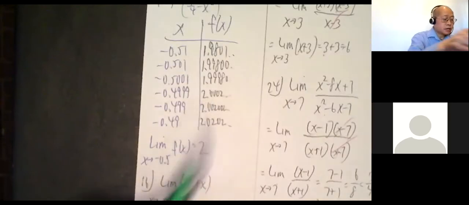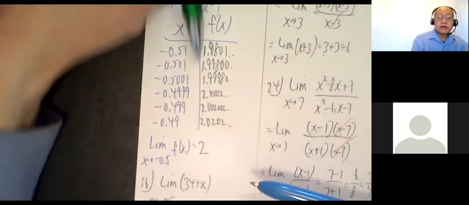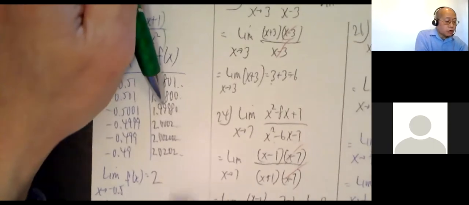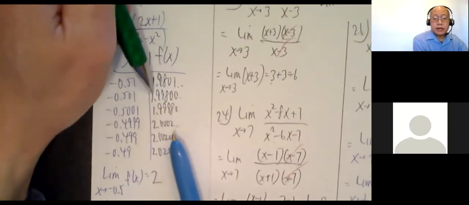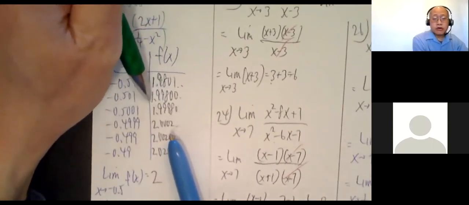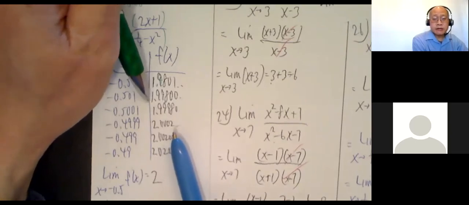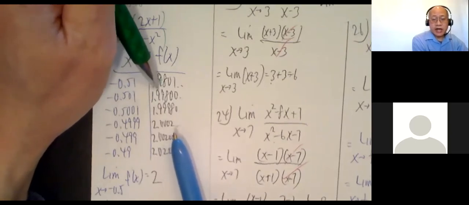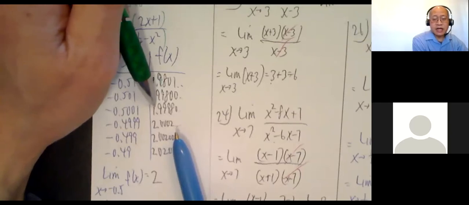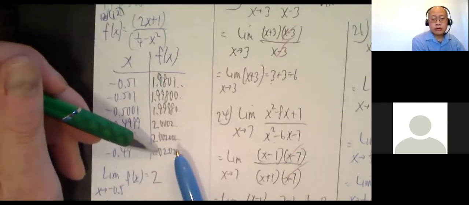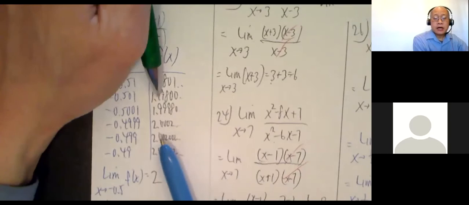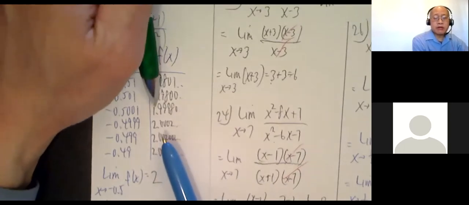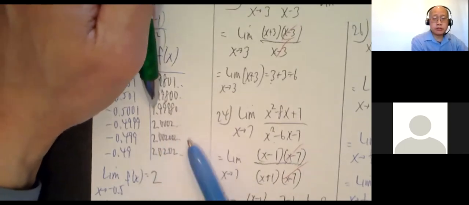So if I go this direction, coming from the left, or this direction, coming from the right, does it look like we're approaching any one number? It does, right? Look at 1.98, 1.998, 1.9998, 2.02, 2.002. Coming from both the left and the right sides, we're getting very close to 2.